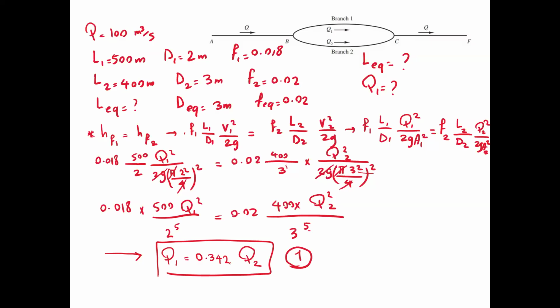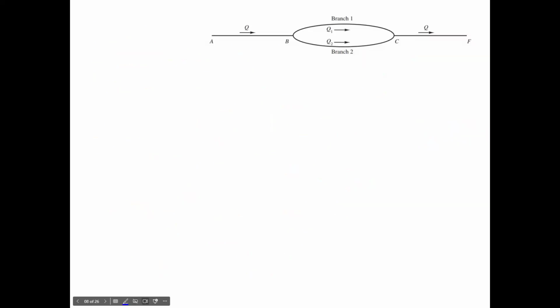I will wait some seconds for you, but if you figure it out, go for the next step and says that Q total is equal to Q1 plus Q2. There we go. Q total is equal to Q1 plus Q2.